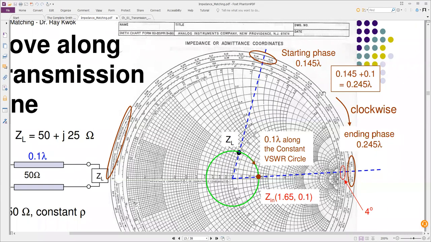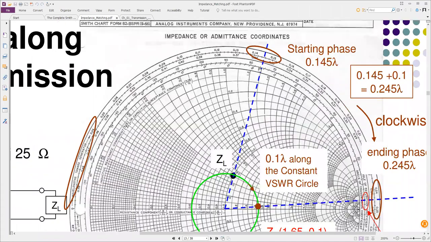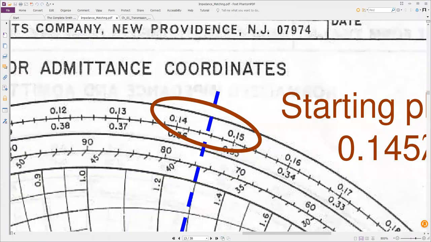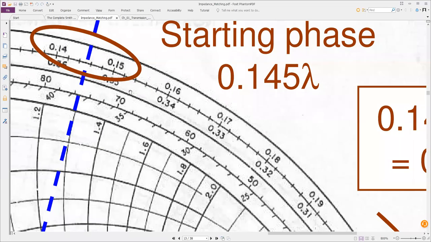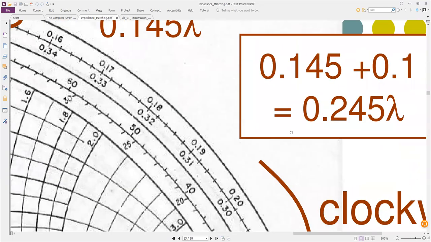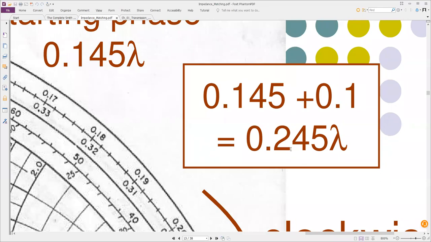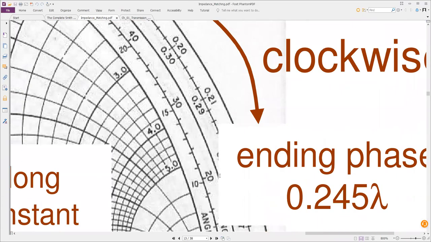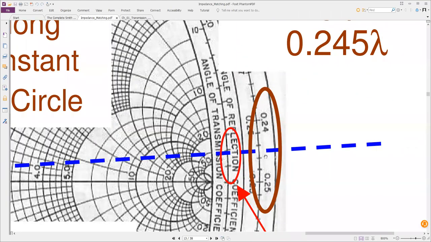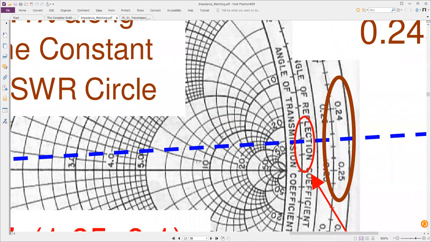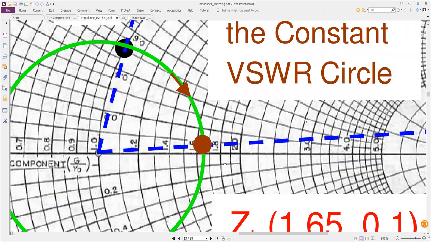How will you find out the input impedance? For this one, just calculate on the first scale here. The starting point is going to be 0.145 lambda. Just move towards the generator. 0.145 plus 0.1 is 0.245. Now come to the point 0.245.